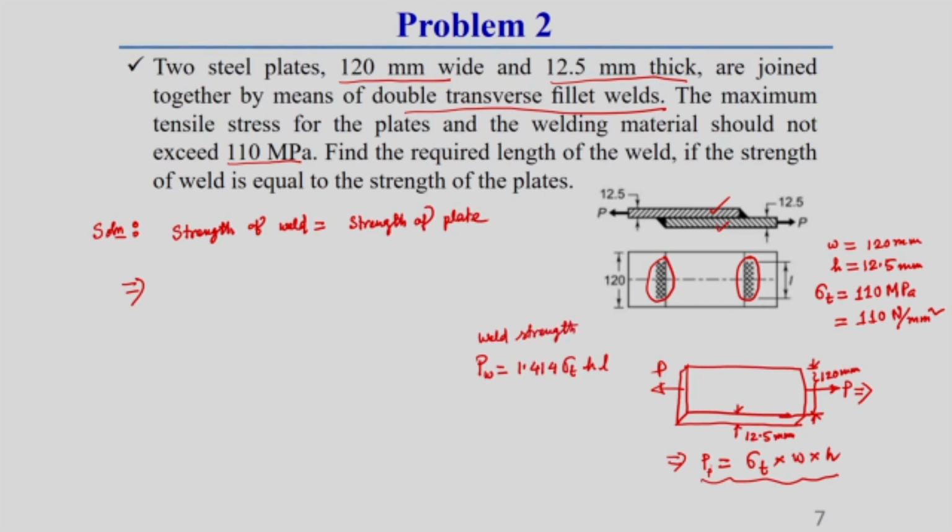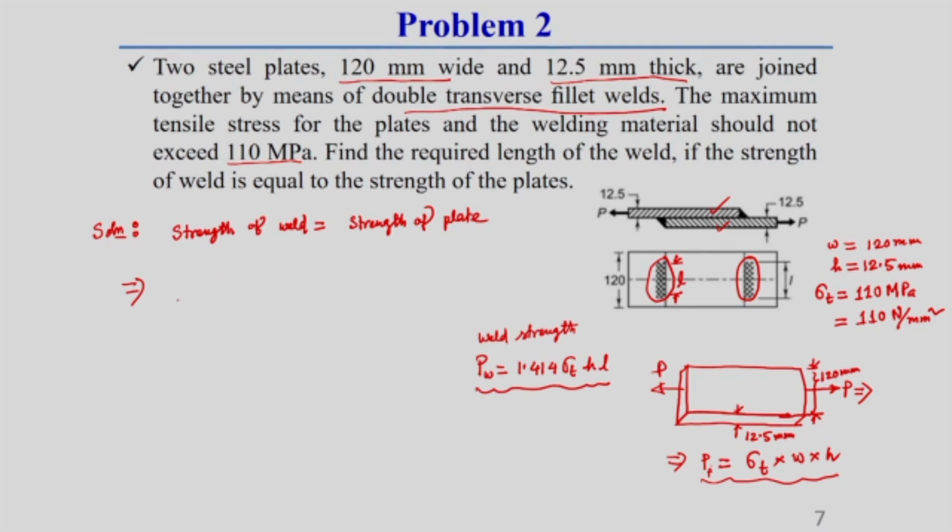We have to find out what should be the length of this weld, L. From the weld strength equation, which I already showed just before this slide, PW is equal to 1.414 sigma T into H into L. The plate also has a strength, with the width given, which I am calling PP, which is sigma T into W into H. Once we equate these two strengths, we get a relationship.